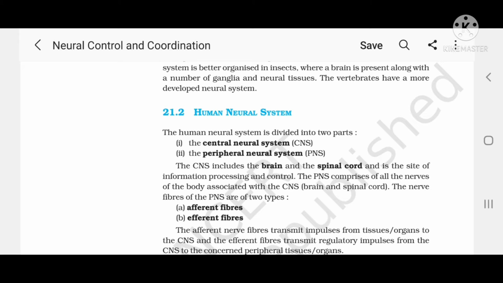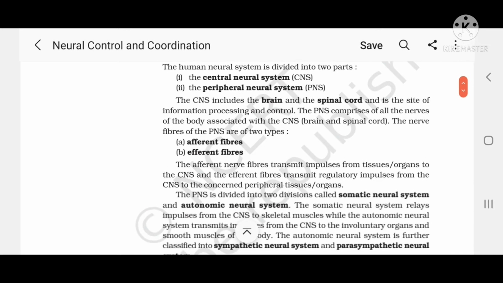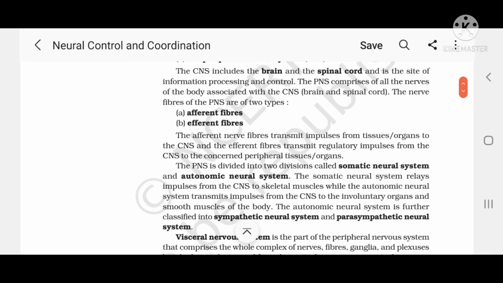The nerve fibers of the PNS are of two types: A. Afferent fibers, B. Efferent fibers. The afferent nerve fibers transmit impulses from tissues or organs to the CNS, and the efferent fibers transmit regulatory impulses from the CNS to the concerned peripheral tissues or organs.